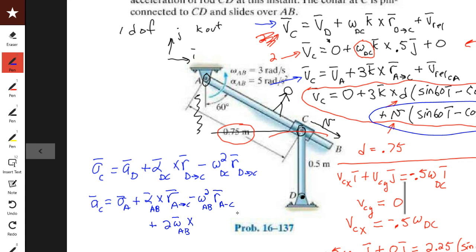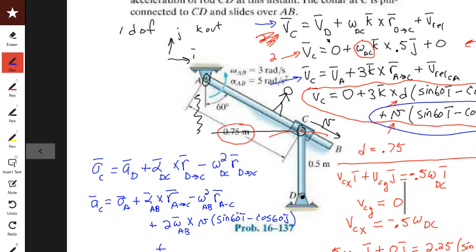We'll go ahead and put that in there. Cross V, sine of 60 I minus cosine of 60 J, plus AREL.